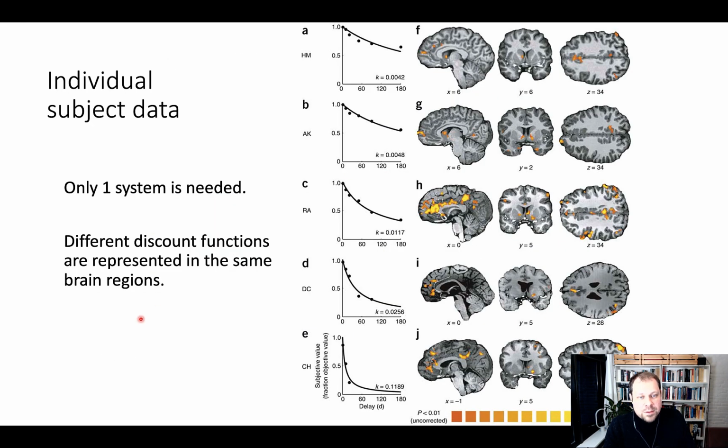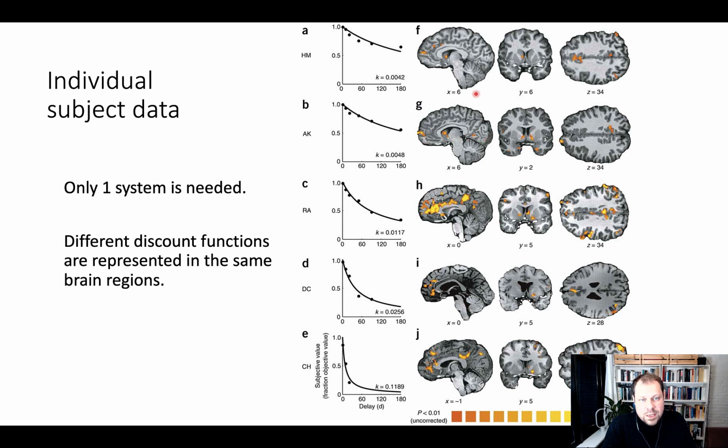A nice thing about this study is that you can actually look at the individual subject data to see whether multiple systems are needed across participants. So there might be participants that do this task differently than others. These individual differences always exist. People have different strategies, for instance. But it turns out that different discounting functions, for instance, here the relatively patient person and here this very impatient person, are all represented in about the same regions within the brain with some anatomical variability.